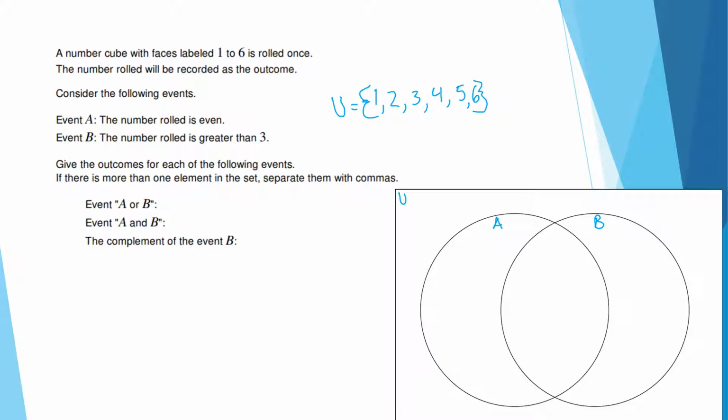So the number rolled is even is A. The number rolled is greater than 3. So greater than 3 is going in B, even in A. 1 is not even, and it's not greater than 3.